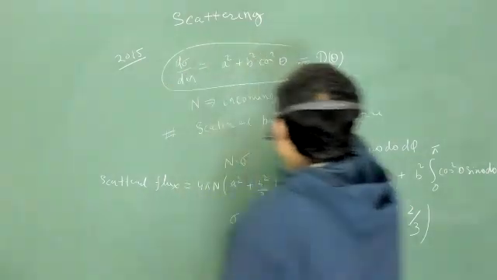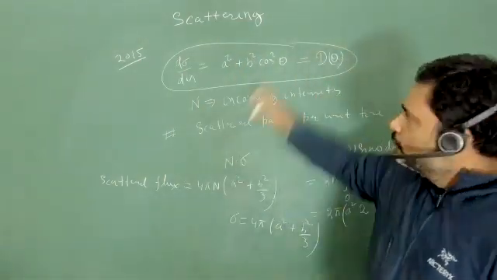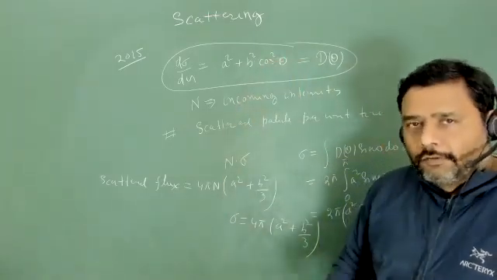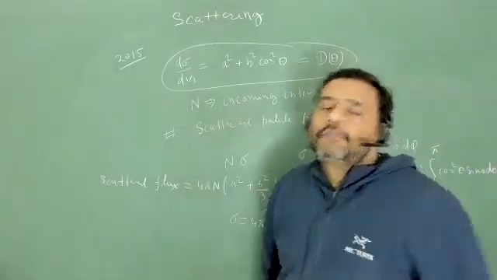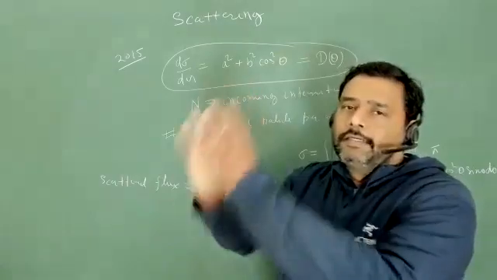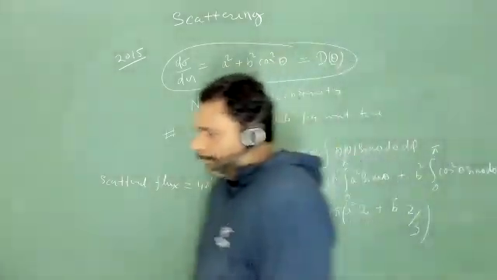This particular thing is nothing but the differential scattering cross section. Once you know this is the differential scattering cross section, you can easily calculate the total scattering, and then you can also calculate the number of particles which are going to be scattered, or the flux of particles which are going to be scattered.